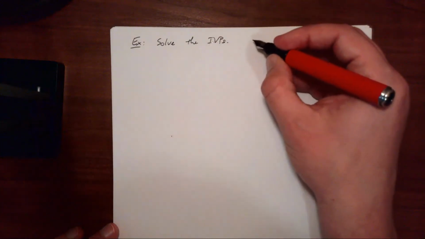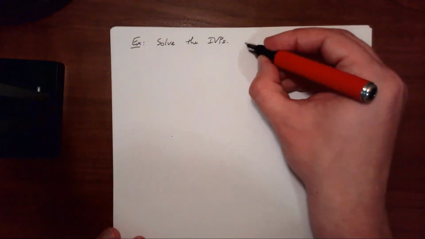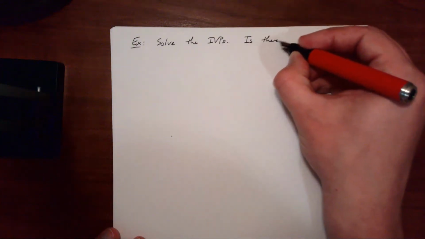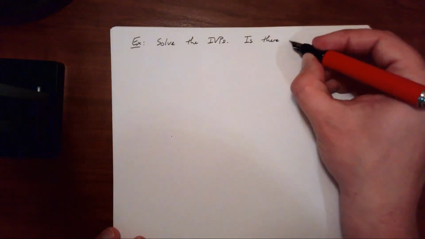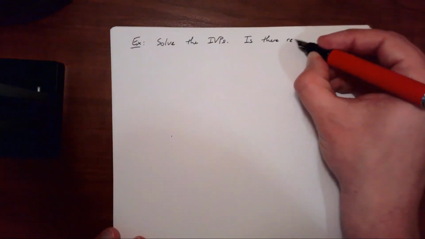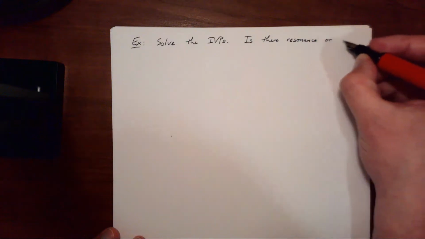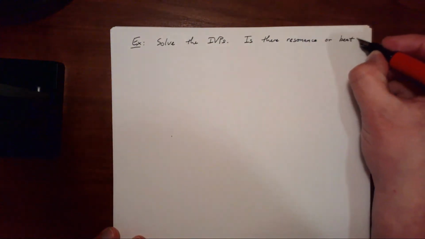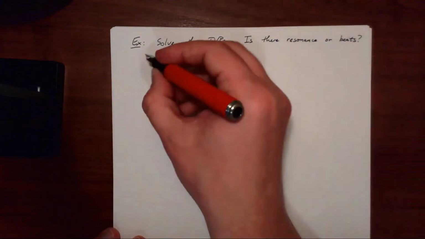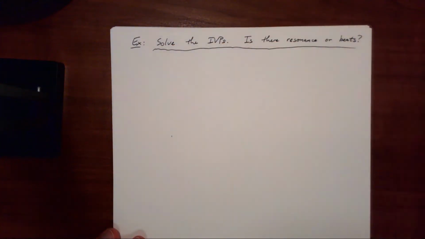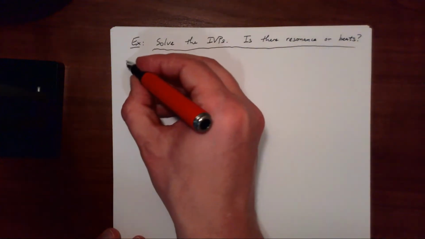And then while we're at it, we'll answer the question, is there resonance or beats? Basically one or the other in these cases where we have this category of differential equations. But let's have a look.